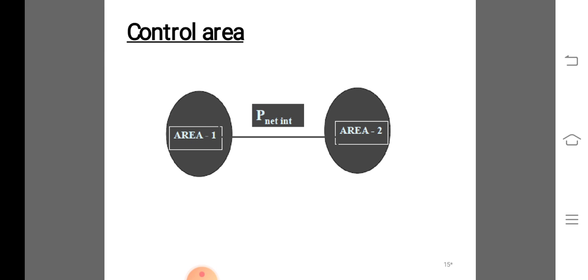Thus, in this case, while the frequency is regulated on the one hand, the tie line schedule is not maintained on the other hand.